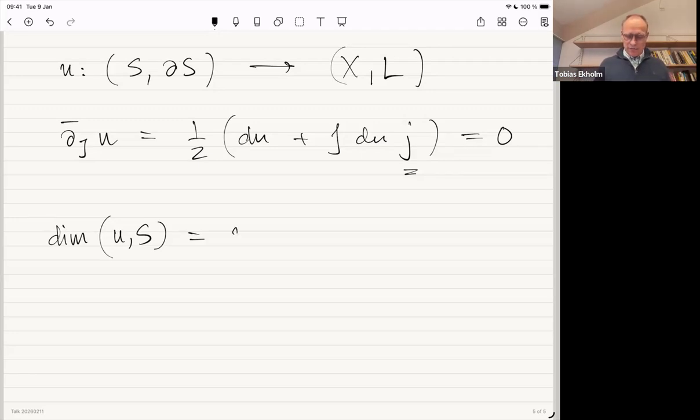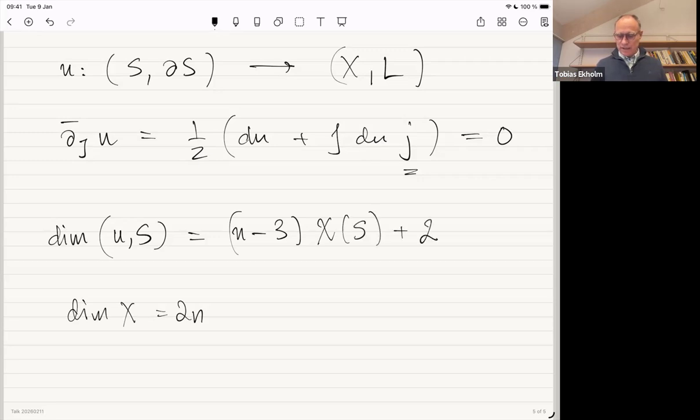It is given by the following formula. Here n is such that the dimension of the ambient manifold X is 2n. The dimension is (n minus 3) times the Euler characteristic of the surface, plus twice the relative Chern class of X and L evaluated on the map u.